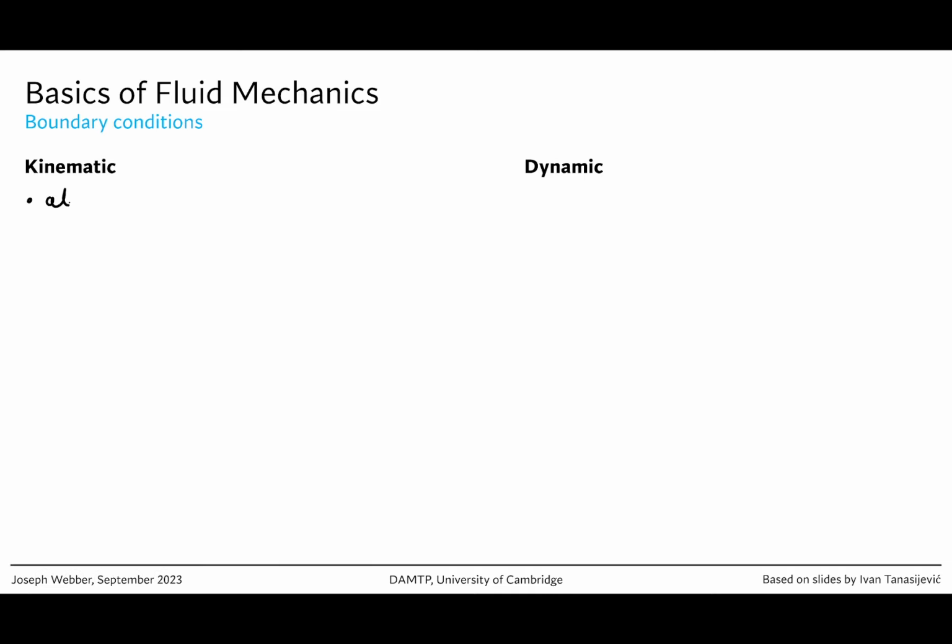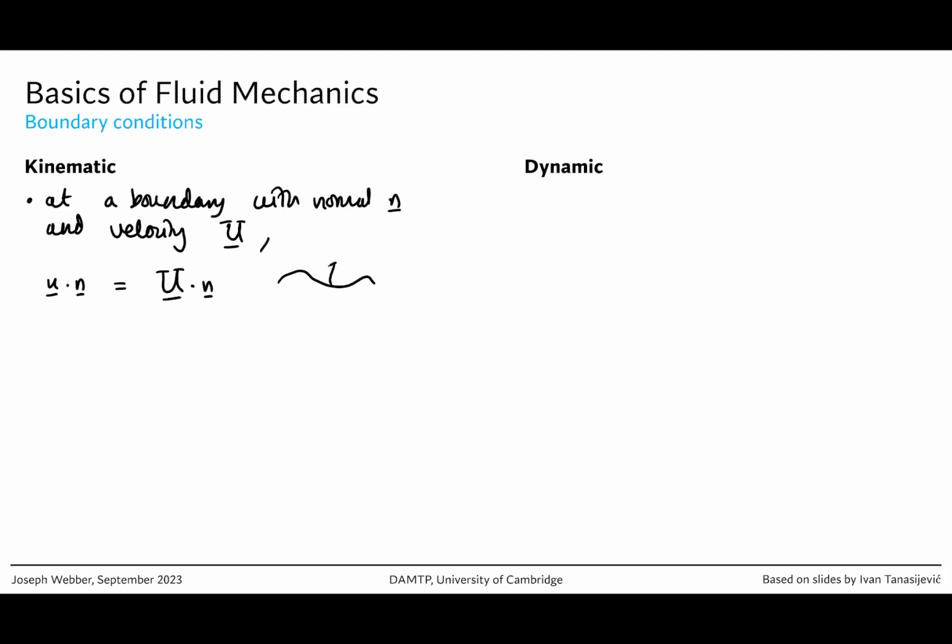Basically, at a boundary with normal n and velocity capital U, we just have to have u dot n, little u dot n, the normal velocity of the fluid, has to match. I.e., we've got a wall here that's moving at speed U, the fluid has also got to be moving at speed U or else it will separate. So that's our kinematic boundary condition.